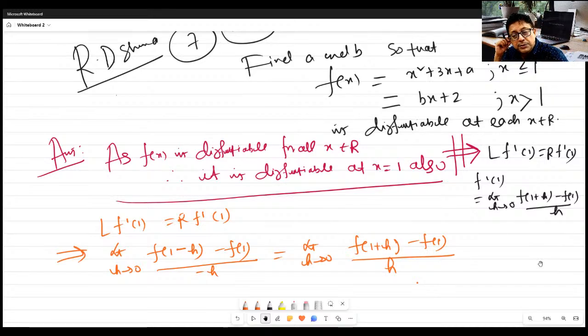So just put the values and see the problem over there. See the difficulty level is there. You just substitute whatever you have.